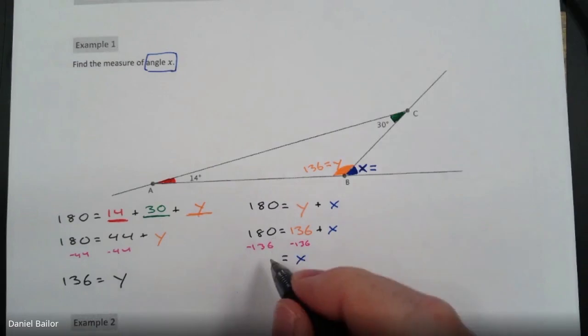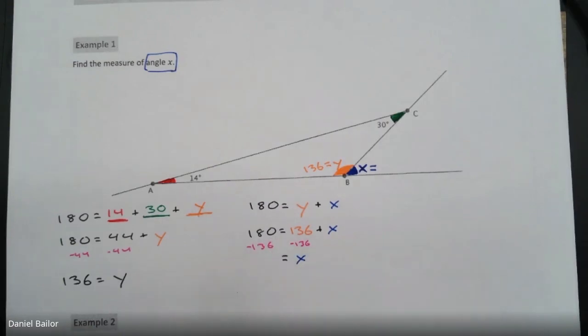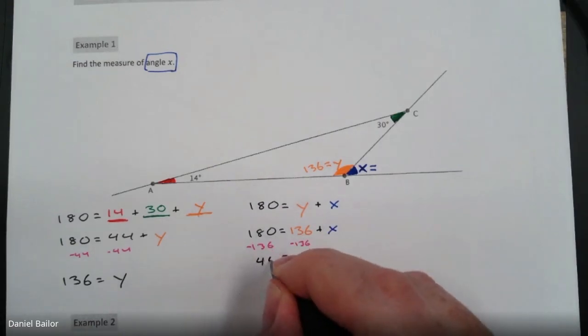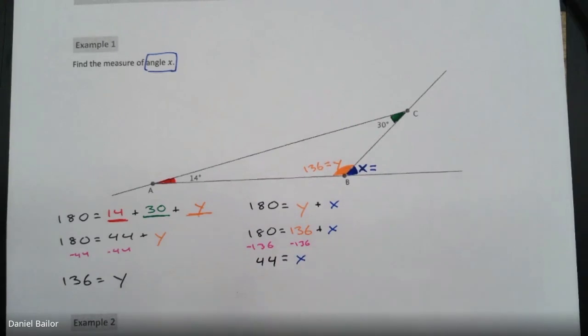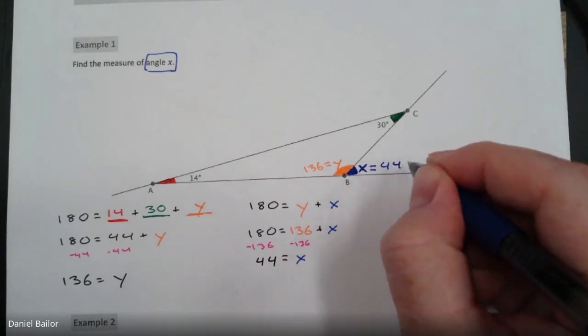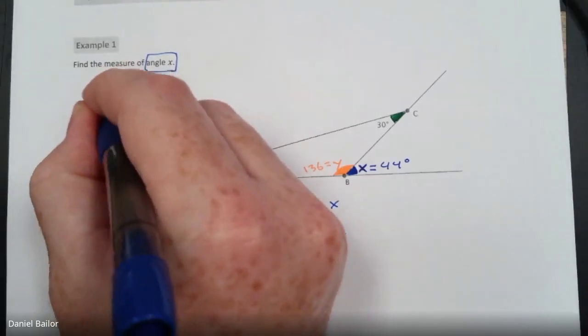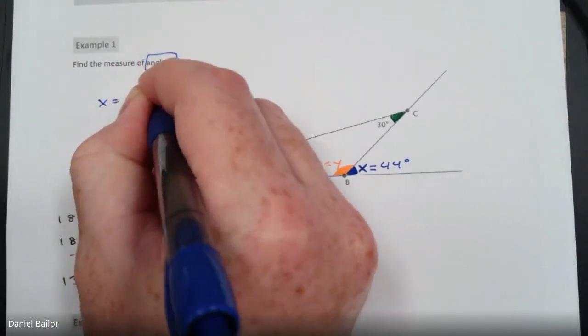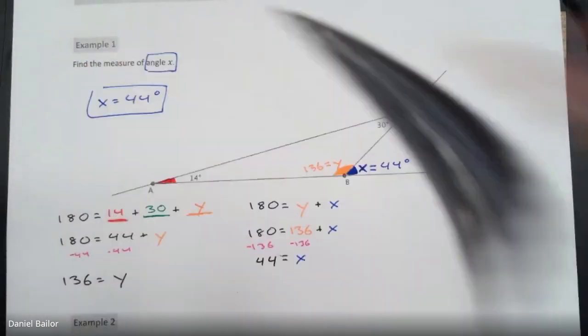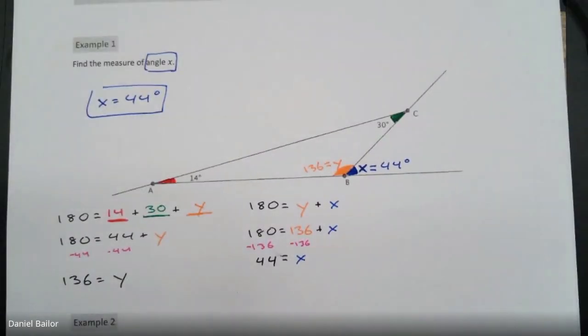So I find out that the missing piece is 44. So x equals 44 degrees. x equals 44 degrees is my answer when I did it the long way.